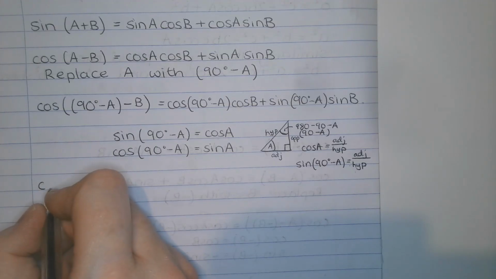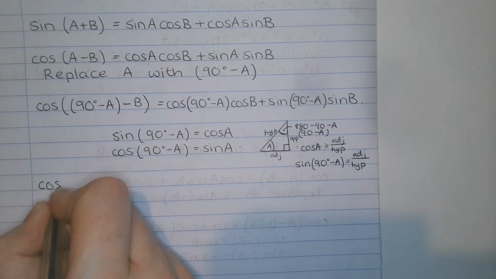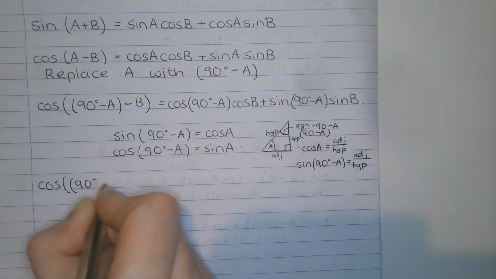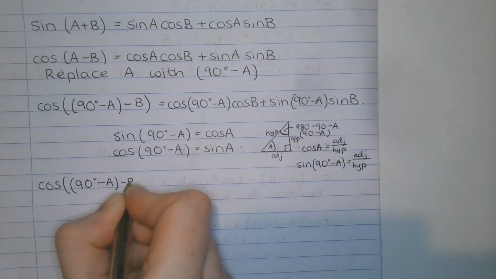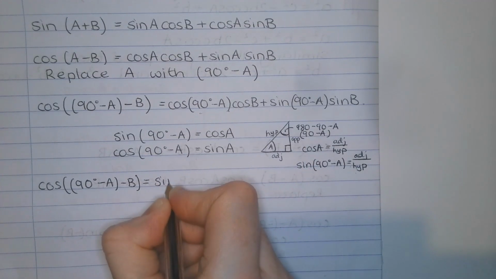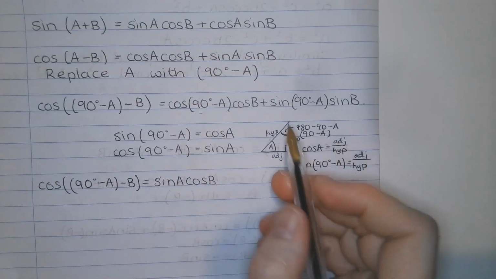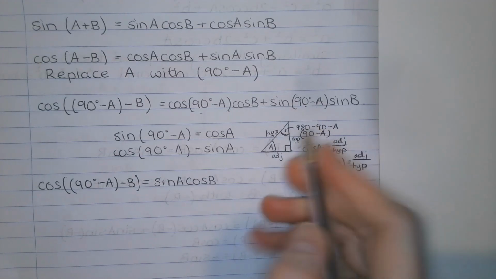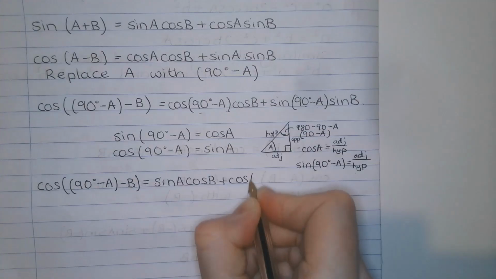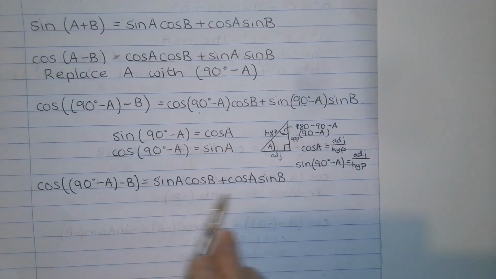So what we can say is we have the cos. We'll deal with that in a second, but I'm going to leave that as it is for now. Is equal to the cos of 90 degrees minus A, we can replace with sine A, multiplied by cos B. The sine of 90 degrees minus A, we can call cos A, multiplied by sine B. So the right-hand side is exactly what we need.